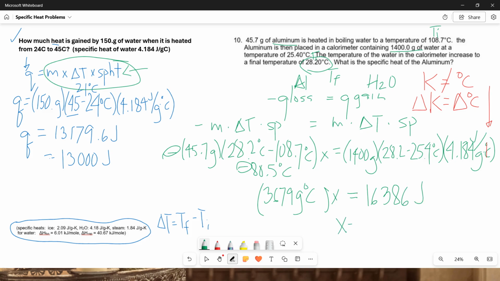And so X is going to be the specific heat of aluminum, and that's going to come out to be 4.45 joules per gram Celsius or gram Kelvin, whichever one you want to use. And so that's how we use the formula for specific heat.